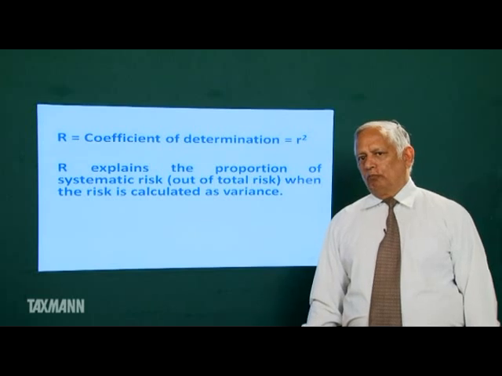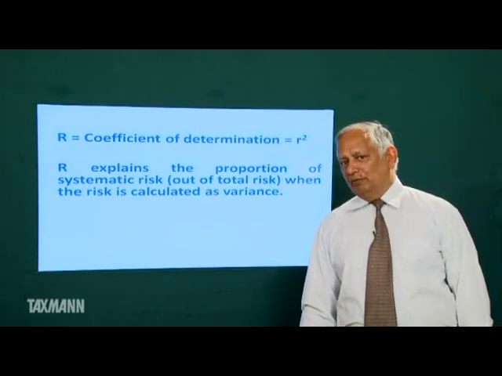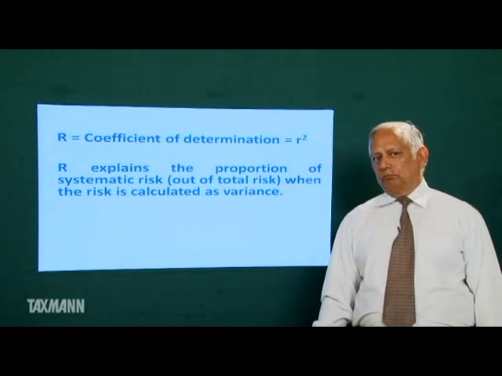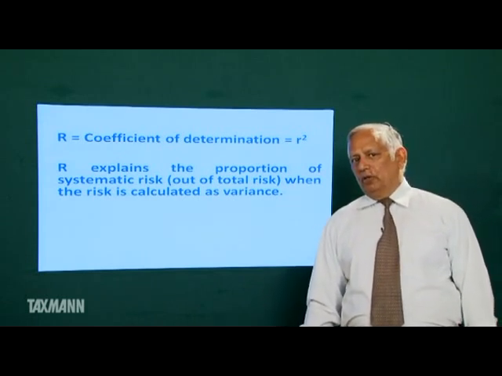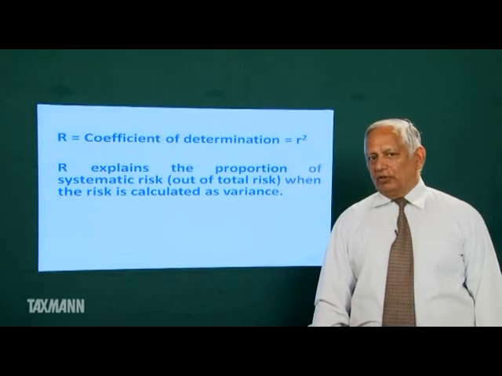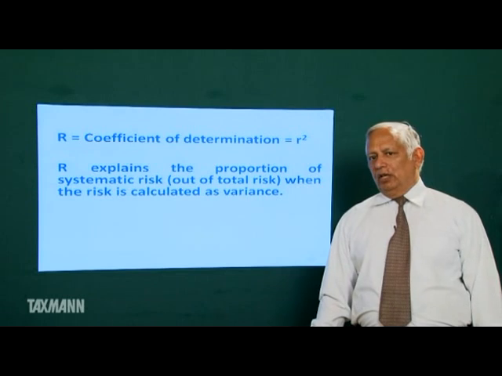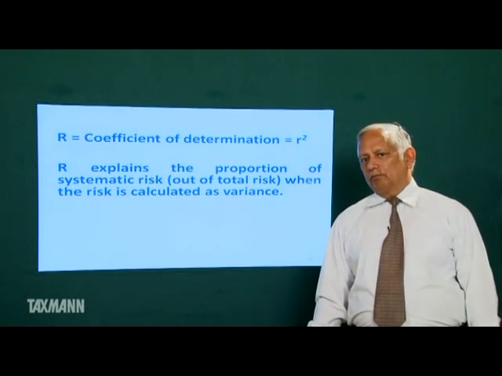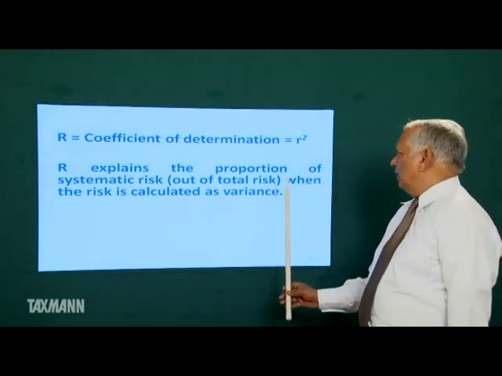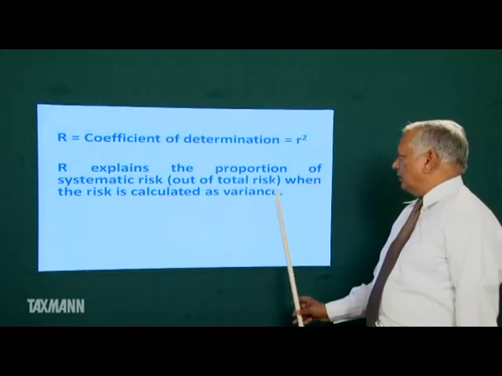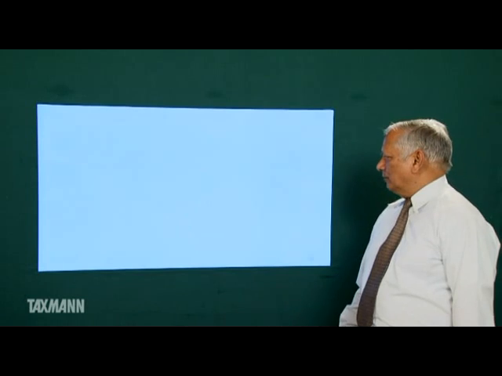Suppose variance of a portfolio is 10. Its capital R is 0.6. It means variance based systematic risk is 6 and variance based unsystematic risk is 4. So R explains proportion of systematic risk out of total risk when the risk is calculated as variance.